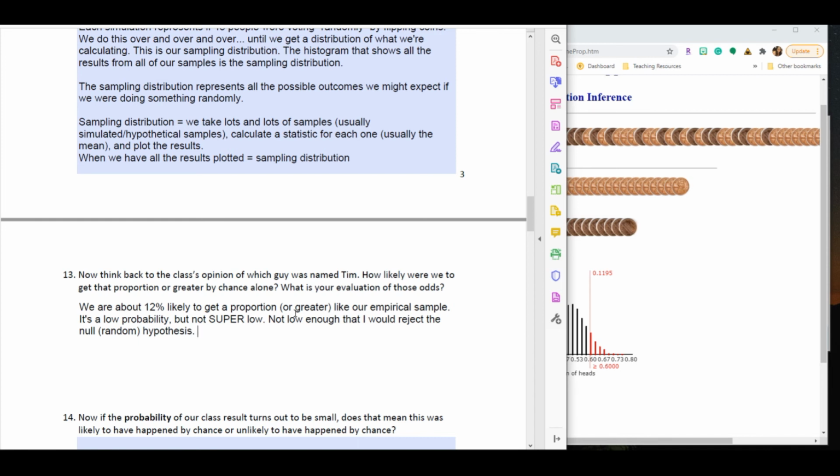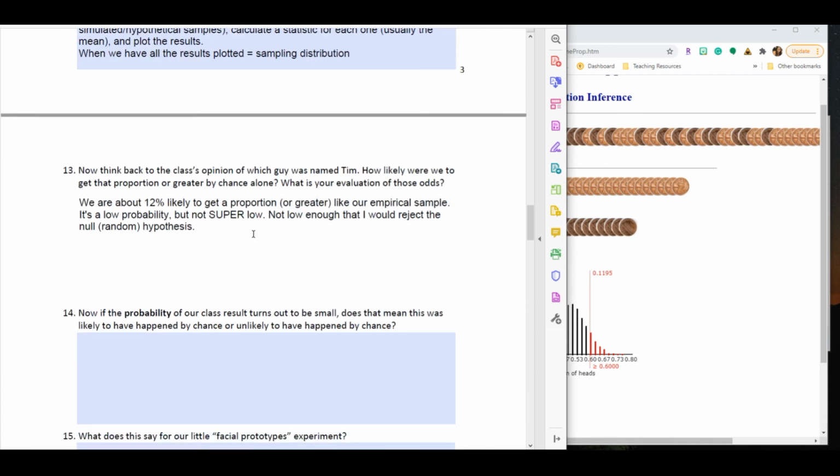So we talked before about in statistics, broadly, we generally use about 5% as the cutoff point. Is 12% below our 5% cutoff point? No, 12% is higher than that. So it's not low enough that I would say that's too weird, reject the null. At this point, it's kind of weird, but it's not that weird. It totally could happen, right?